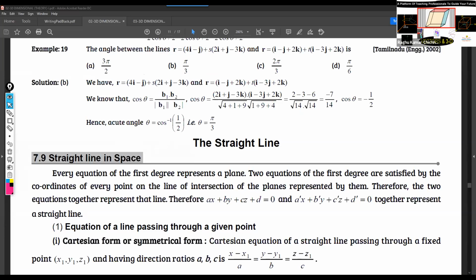If you are sitting in a room, and in that room, if you see the wall adjacent to you and the top, which is the ceiling, the ceiling is a plane and your adjacent wall is a plane.